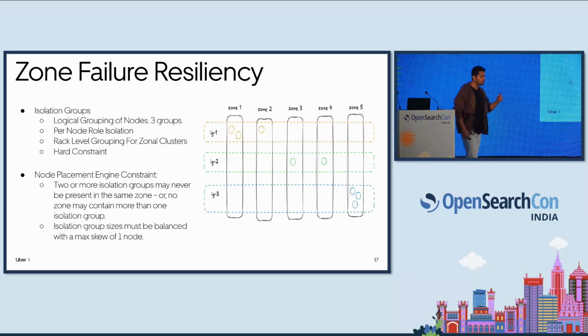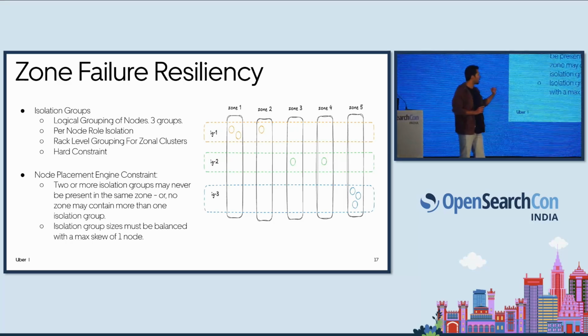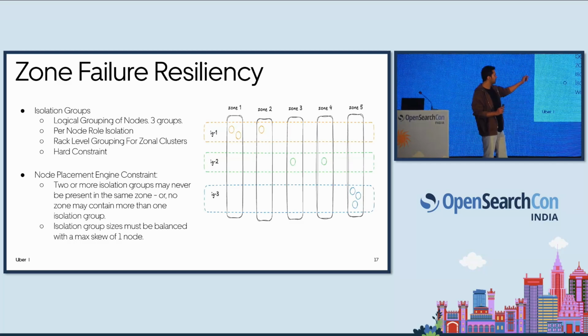Now what we do with the label is where it gets interesting, right? So let's assume that you have a cluster on your right that contains 8 nodes, 8 data nodes. You would first want to assign it an isolation group value 1, 2, and 3. Let's say there are 3 nodes in your first isolation group, there are 2 nodes in your second isolation group, and there are 3 nodes in your third isolation group.